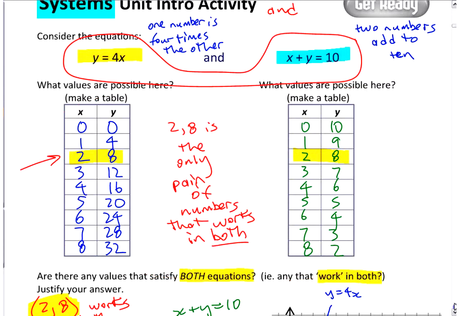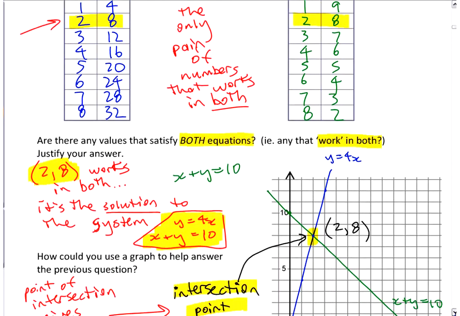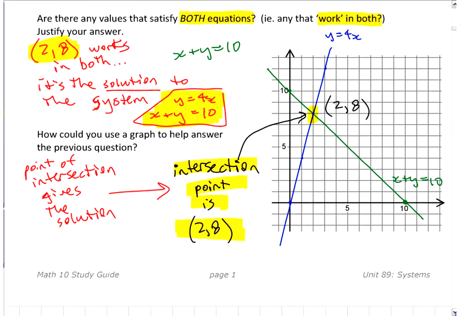Or it might be faster to create a graph of each one and then look for the intersection point. This is what the first section is about: solving a system of equations, taking a system of equations and finding the solution by graphing. Graphing the two lines on the same grid, finding the crossing point.